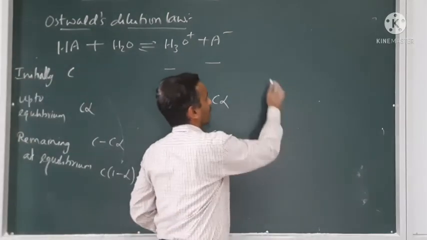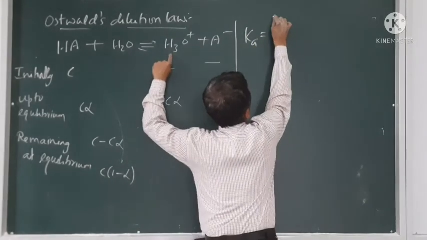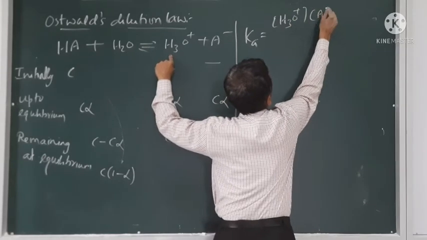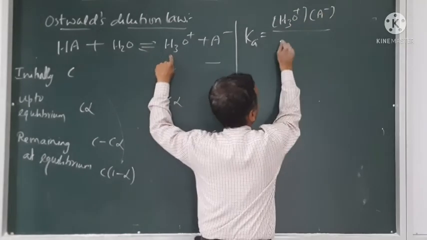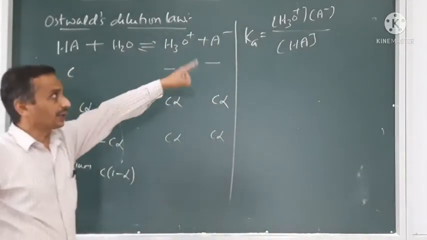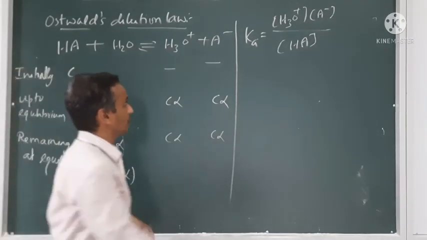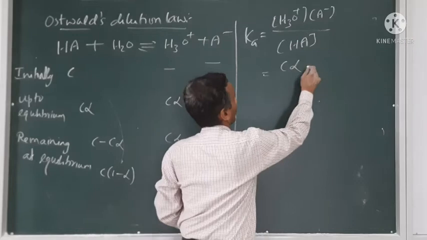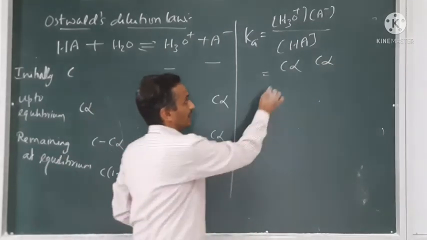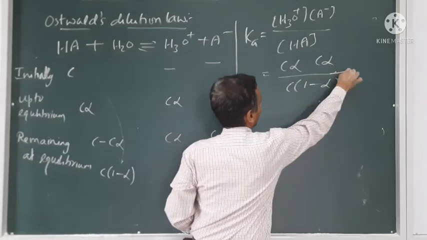Now, put the equation for the dissociation constant K. K is equal to H3O plus concentration into A minus concentration divided by HA concentration, and we are writing that at equilibrium only. So H3O plus concentration at equilibrium is C alpha, A minus is C alpha only, divided by HA at equilibrium, which is C into 1 minus alpha.